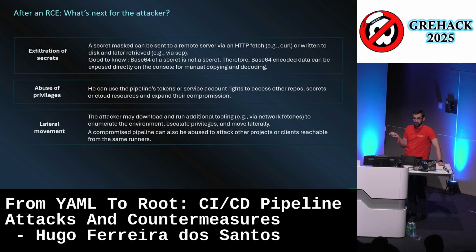And finally, you can also try some lateral movement. As we saw, we tried to wget Naabu, which is the same thing as Nmap. You can use it to do some network scanning using the pipeline, or try to access other projects or other clients, like a competitor, that are reachable from the same runners.